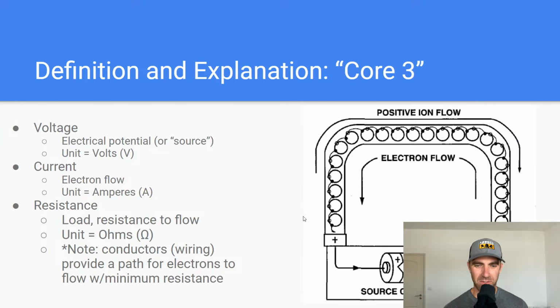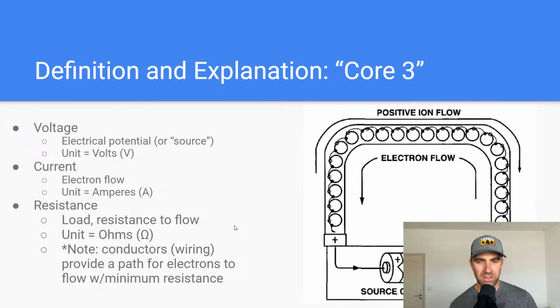Resistance is a load, and that's going to resist the flow of the electrons. You can think of it as kinking the hose, which slows down the flow of the water through the hose. That's a way you can picture it. The unit for resistance is ohms, and here's the Greek symbol omega for ohms.